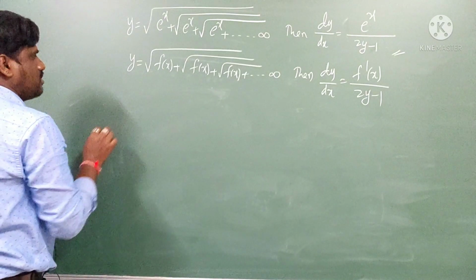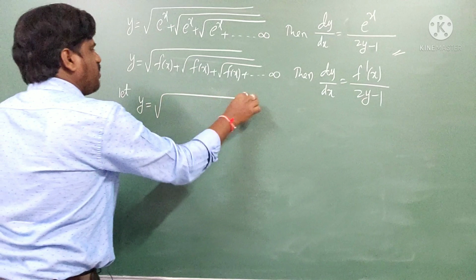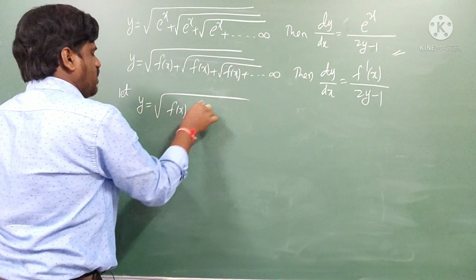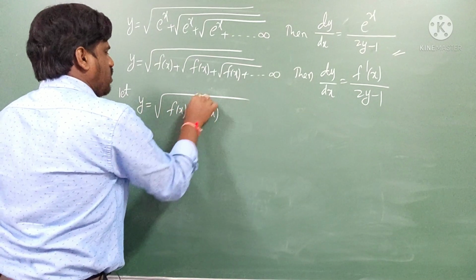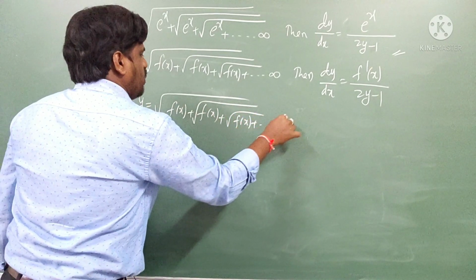Let me discuss this. So let us take y is equal to square root of f of x plus square root of f of x plus square root of f of x plus square root of f of x plus so on to infinity.